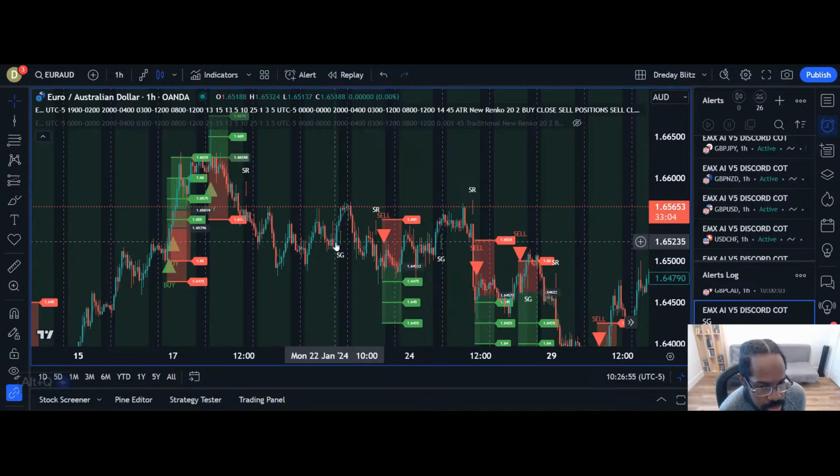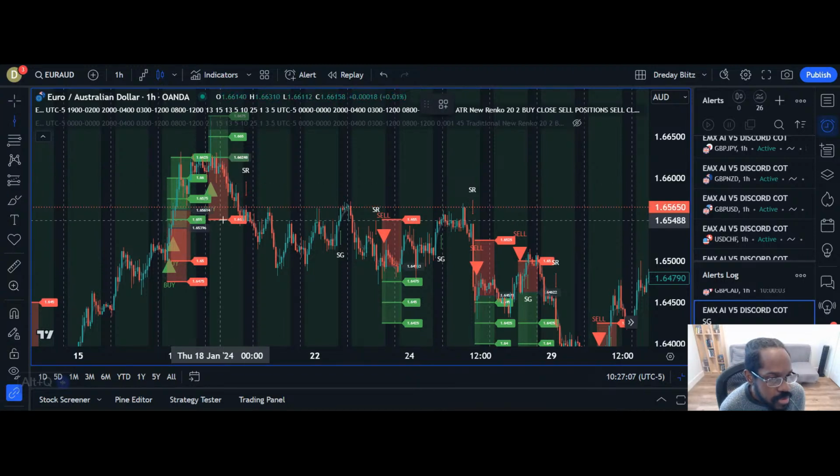So that SG shouldn't be there. For the automation, you won't have the SG. It's only going to take sells. Because you go back on the, I'm going to put a line here.